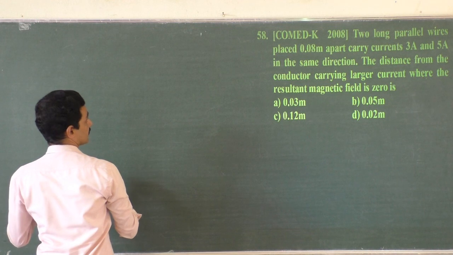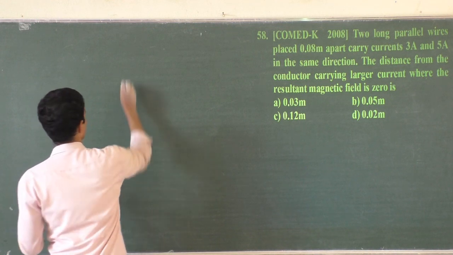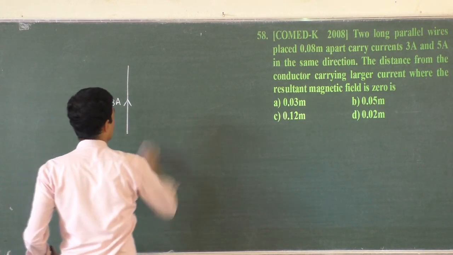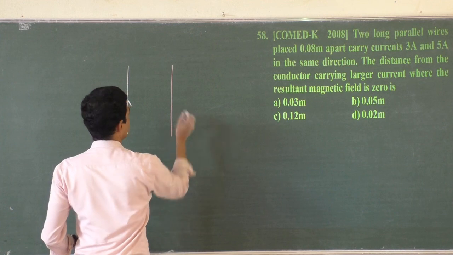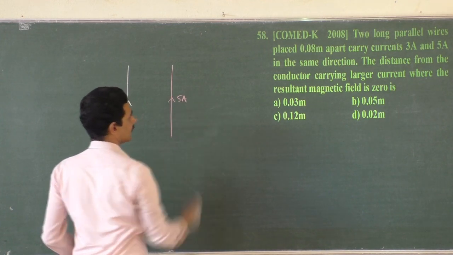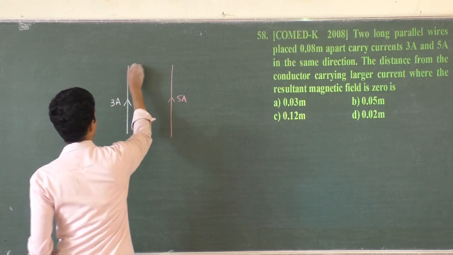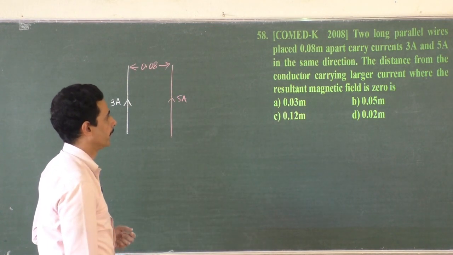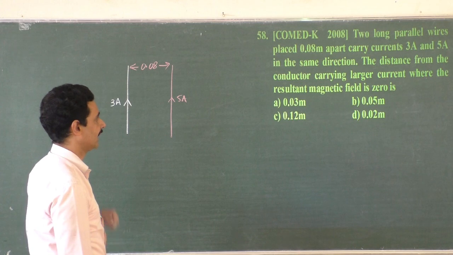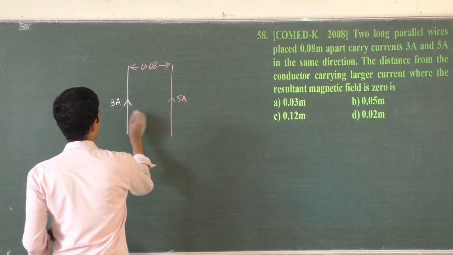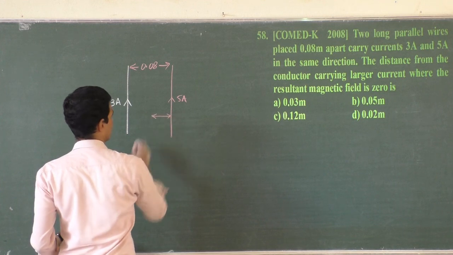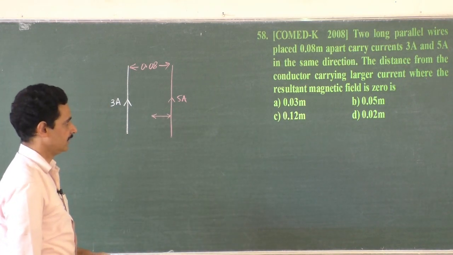You have two long straight parallel conductors 0.08 meters apart, carrying 3 ampere and 5 ampere in the same direction. The larger current is this one, and we need the point from this one where the resultant magnetic field is 0.